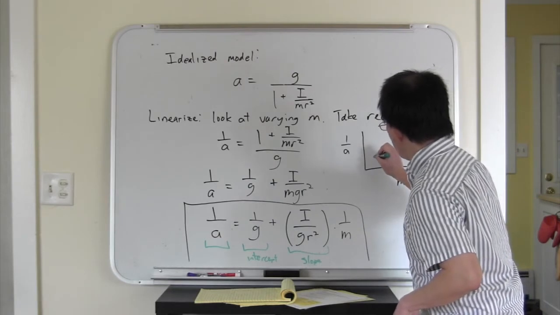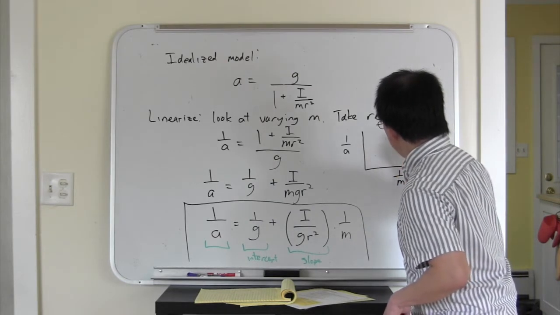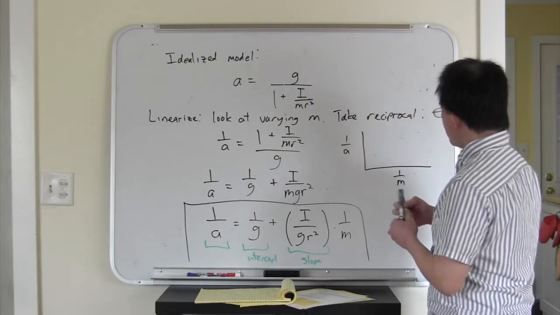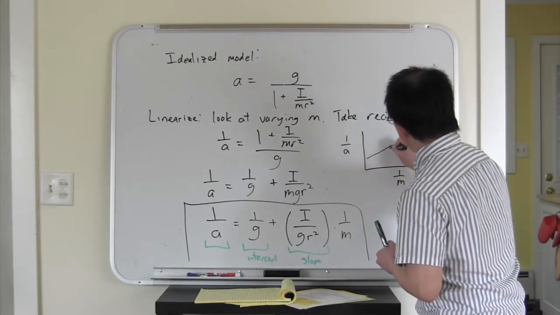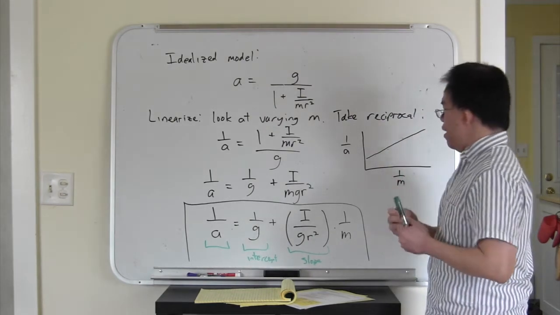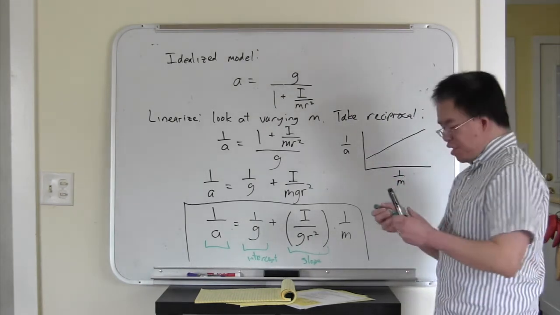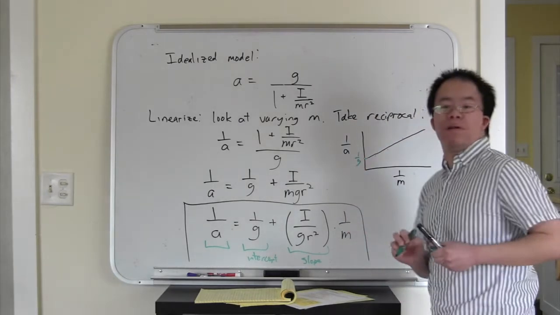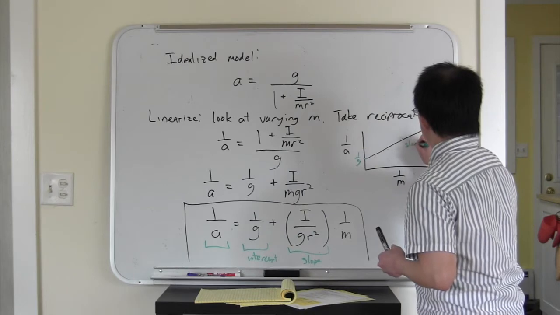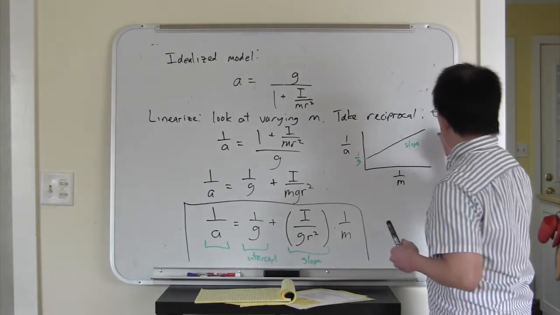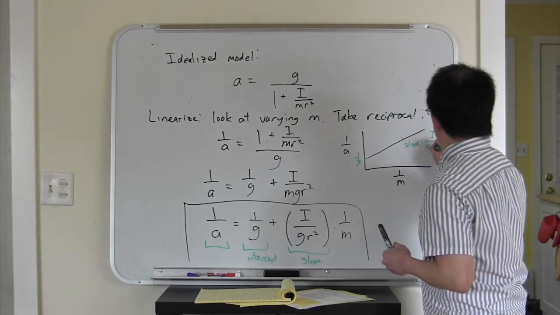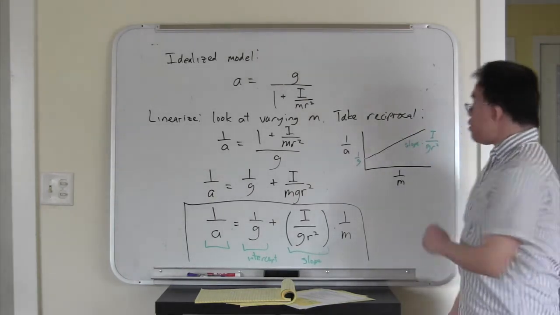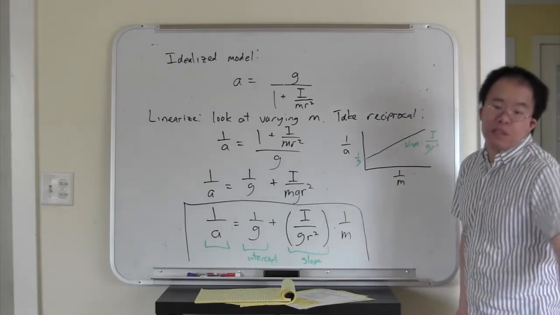So if I just plot a couple of points here, hopefully what we see is something like this, where we have our intercept here, which hopefully is 1 over g, and our slope is I over g r squared. Now we certainly know what we expect 1 over g to be.